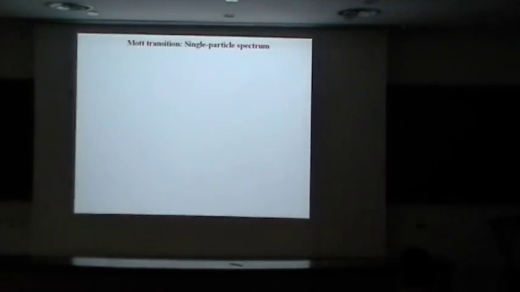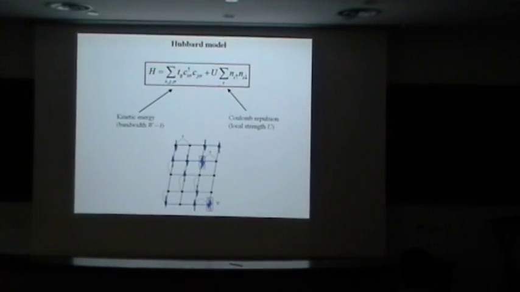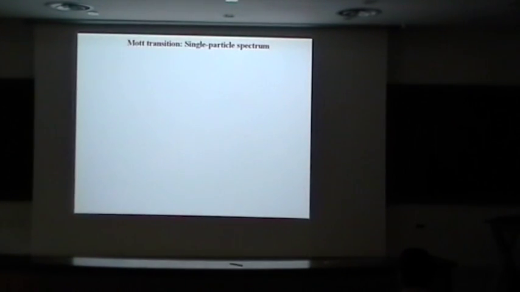Now we expect that for small U we have a metal in this model, because small U should be adiabatically connected to zero U. On the contrary, for large U we expect this Mott insulator. What I want to discuss now is how the single particle spectrum is expected to look in the two phases, and how this supposedly changes across the transition.